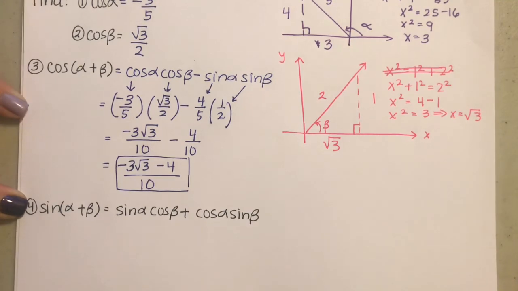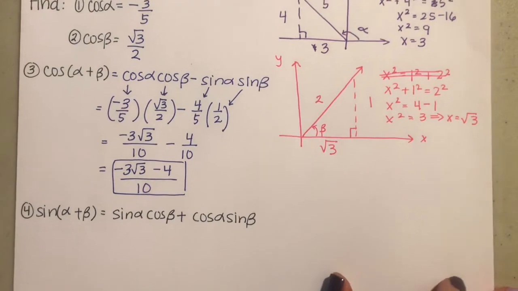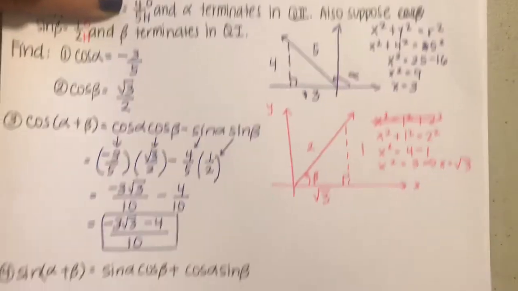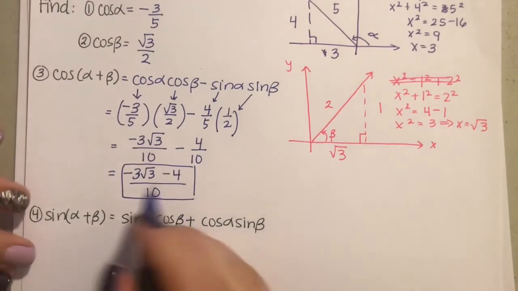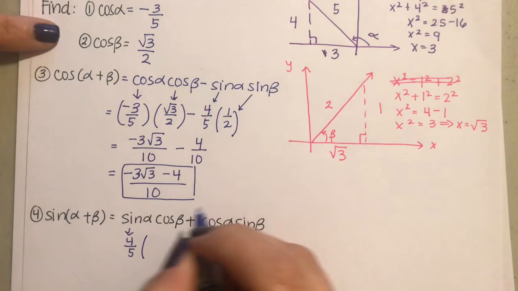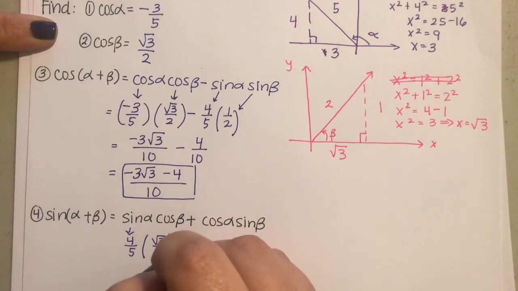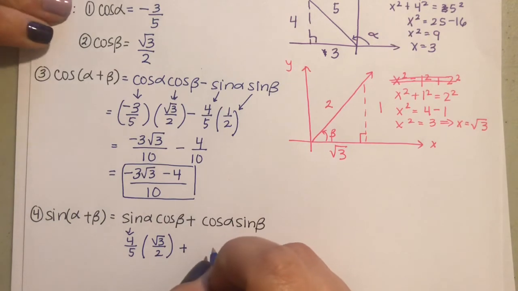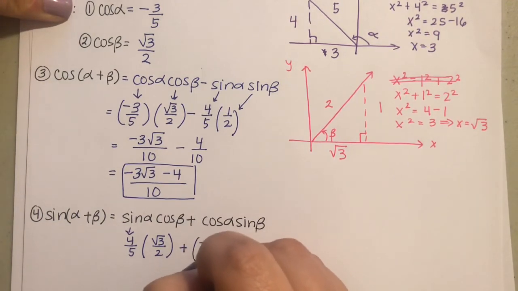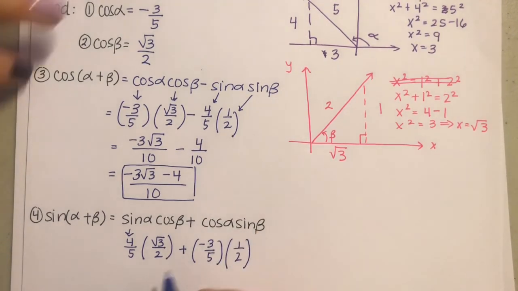But just like the last question, we're relying basically on the values we already found. So sine of alpha, I don't know how well we can see it, was 4/5. So we've got 4/5. Cosine of beta we found was root 3/2. Plus cosine of alpha was a negative number, so plus negative 3/5, and sine beta was given as 1/2.